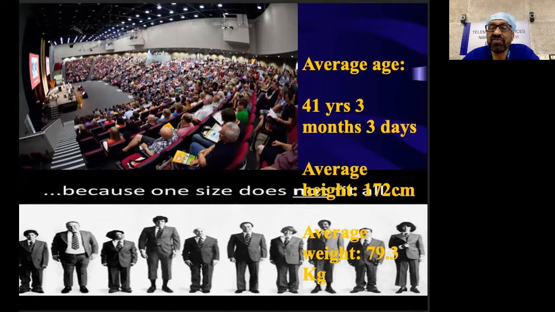But in hypertensive individuals and diabetic individuals, the auto-regulatory limits are shifted upwards and rightwards, and hence whatever we think that 65 millimeters is appropriate may not apply to these individuals, and that's why we say that one size does not fit all, and the personalized care of patients comes into picture in this context.